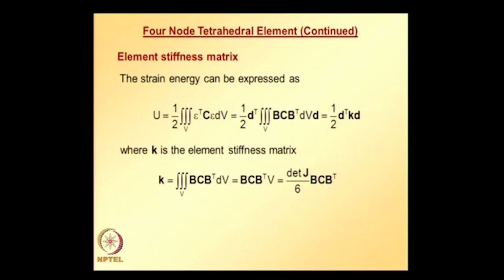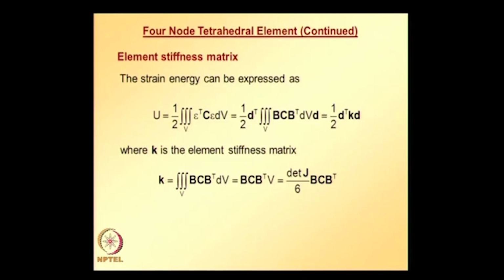Similarly, determinant of J here for the 4 node tetrahedral element is 6 times volume of the tetrahedral element, or volume is given by 1 over 6 determinant of J. Substituting that, we can evaluate element stiffness matrix using this equation.